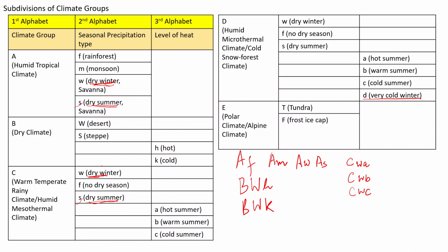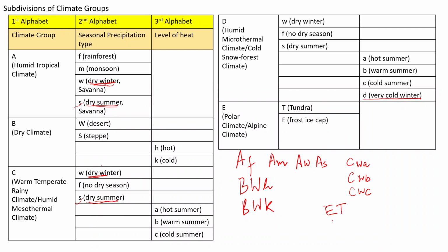So here the winters will be very severe. And the last scheme is E, the polar climate or alpine climate. Here we can have two types of vegetation patterns based on the seasonal precipitation, that is tundra and frost ice cap. So tundra is T. If somebody writes ET, it means that we are looking at the tundra vegetation of the polar region.